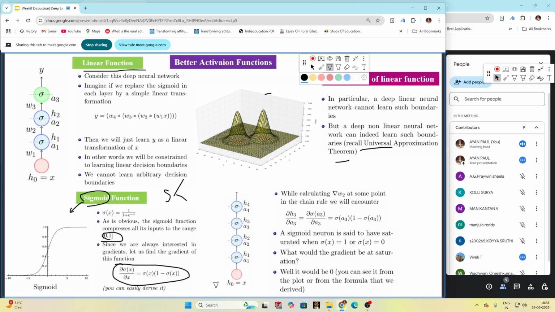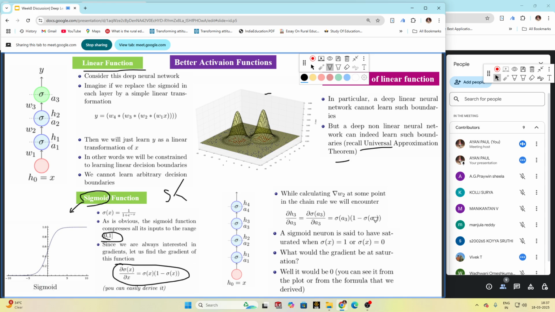The derivative will be 0 whenever we are reaching a very high pre-activation value of the neuron, or a very low pre-activation value of the neuron. What we will see is that our gradient vanishes.